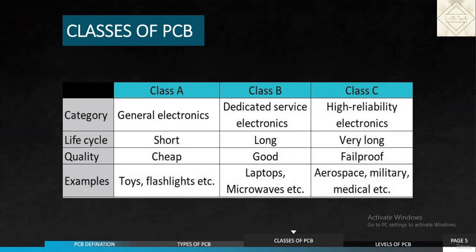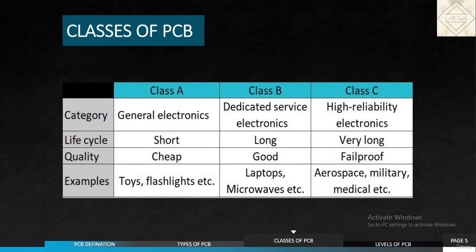But if you are working in any reputed service company, most of the time you will be delivering class B PCBs. And if you are in a startup company producing toys and flashlights kind of things, you will be working on class A PCBs.